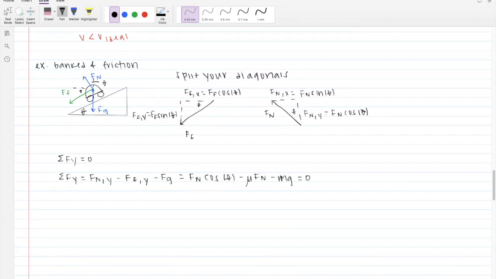And in this case, we have Fn cosine of theta minus mu minus mg is equal to 0. So we can solve for our normal force as mg over cosine theta minus mu.